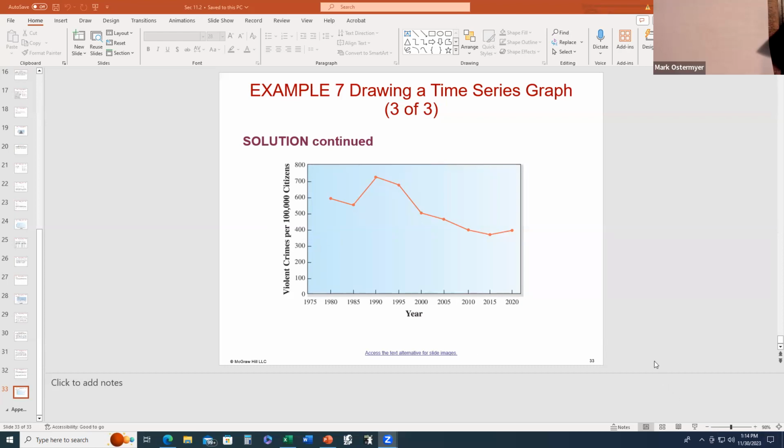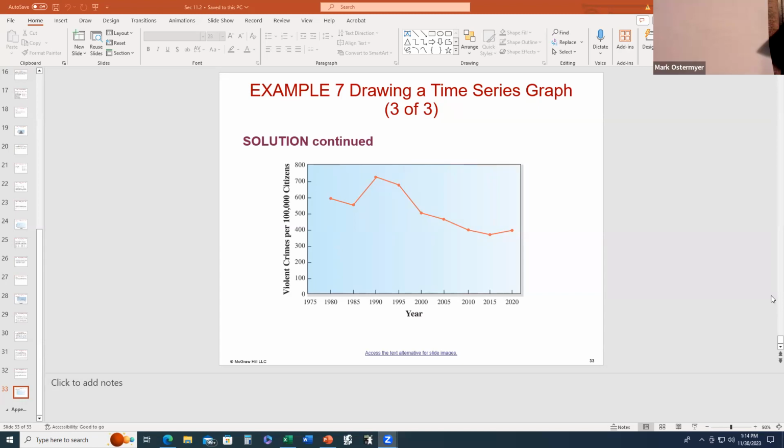That's very important. Right? So what does it look like the trend is doing here with this data? Is the number of violent crimes increasing or decreasing versus time? In other words, is it on an upward trend or downward trend? Upward. Well, it was on an upward trend from about 1980 all the way up to 1990-ish.